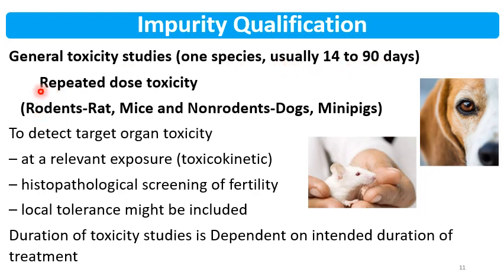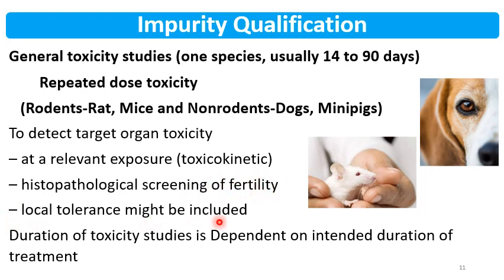So it involves repeated dose toxicity. In this, rodents like mice and rats are used, and non-rodents like dogs and mini pigs are used. These are used to detect target organ toxicity also. At a relevant exposure, toxicokinetic studies can be done. Histopathological screening of fertility can be done.